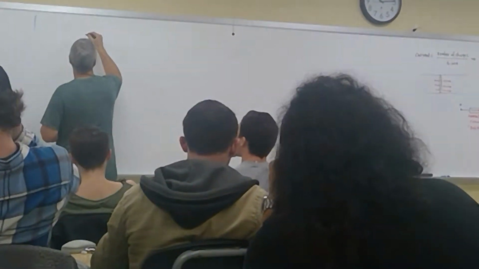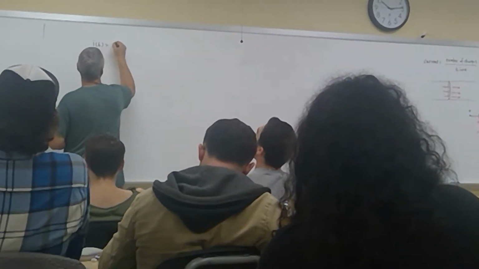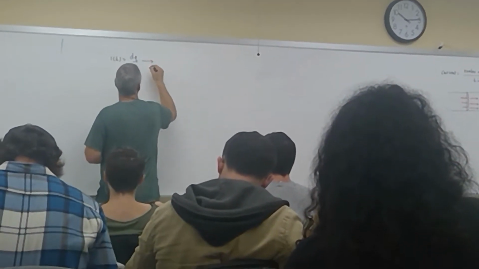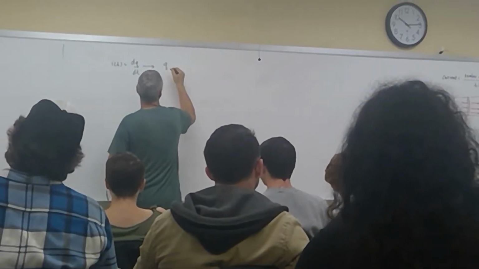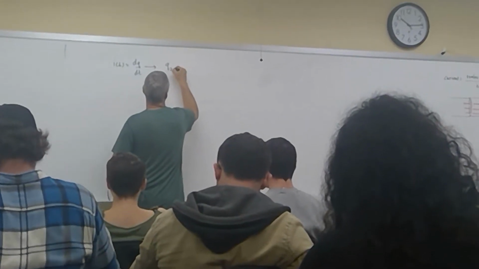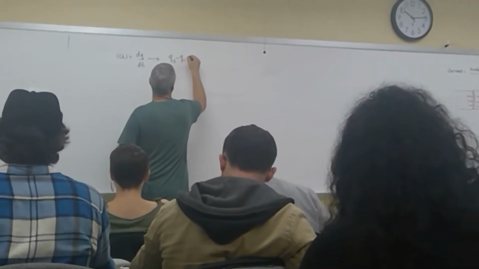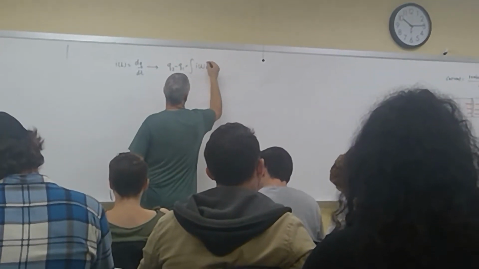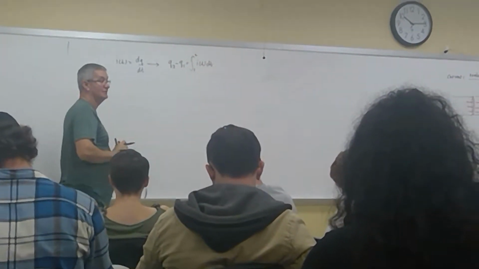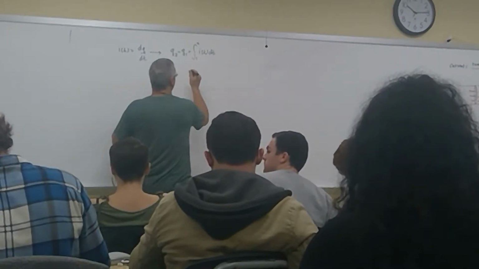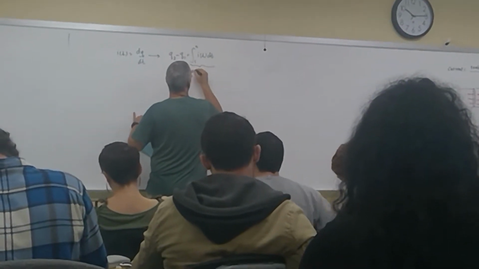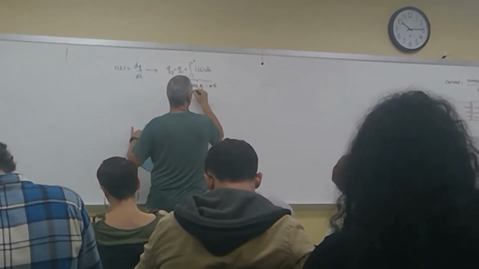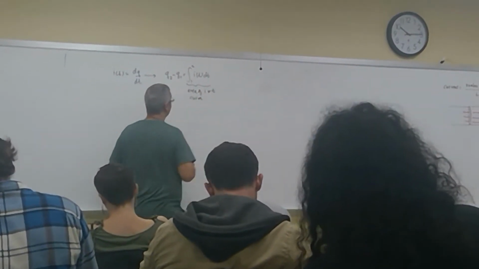So if I look at I dt equals dq dt, then this implies that I can integrate this. If I go from q1 to q2, the change will be the integral of I of t dt. So this represents what? This is the area of the I versus t curve.